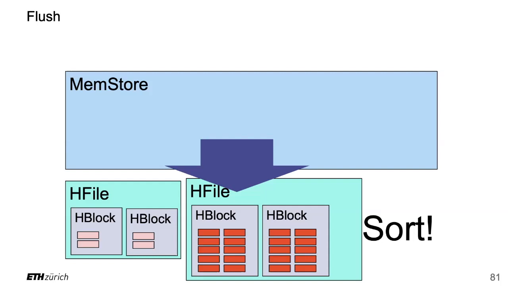Since they are sorted, all I need to do is write them to HDFS as an HFile in increasing order. The first one, the second one, I just do it by increasing order of key value. And now I have written an HFile in the right order, with all of my new key values. And that solves the problem because I never had to modify any HFile in place. I never had to do that.